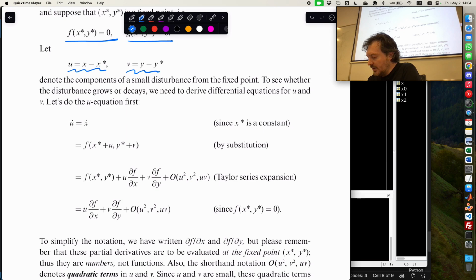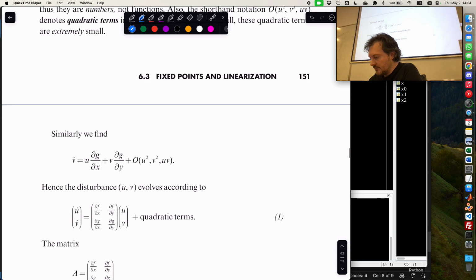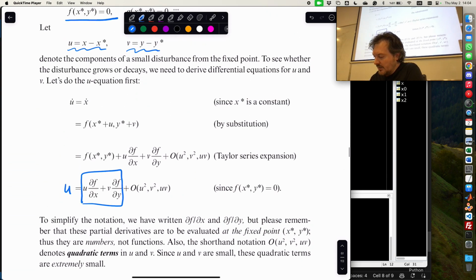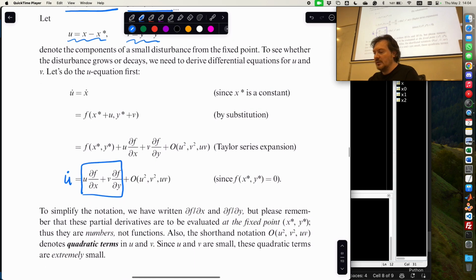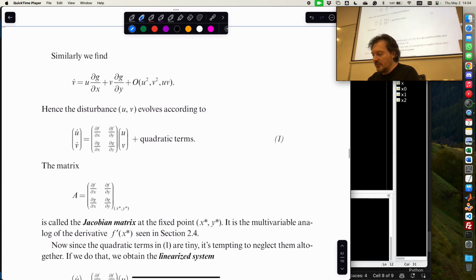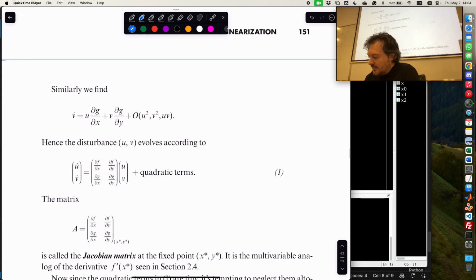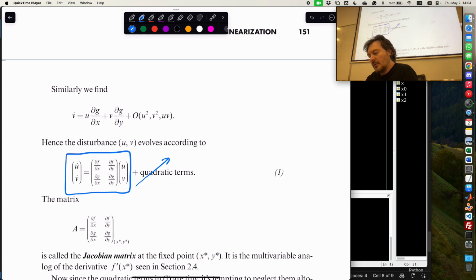And you end up with these kinds of equations. Let me show you here. So this is for u dot, where u is the shifted x. We have shifted to x star, and u is x minus x star. v is y minus y star. So if you write and linearize and ignore the quadratic terms, do you see what you get? You get a 2D linear system.